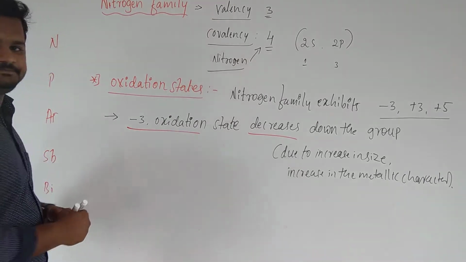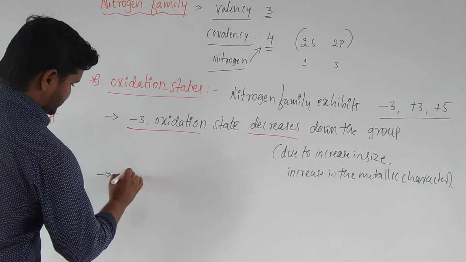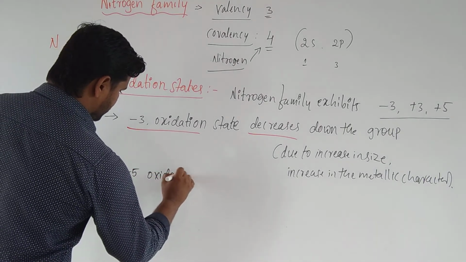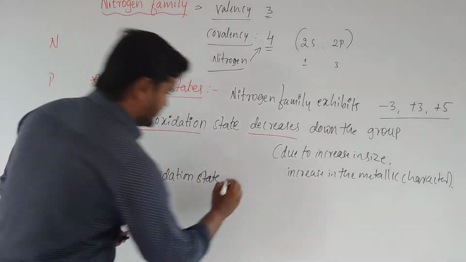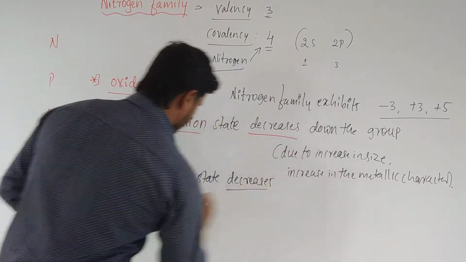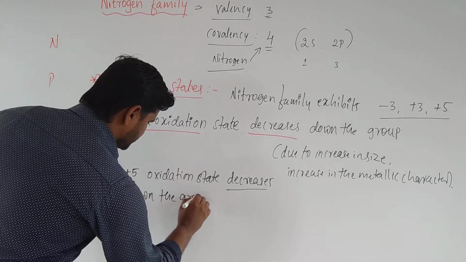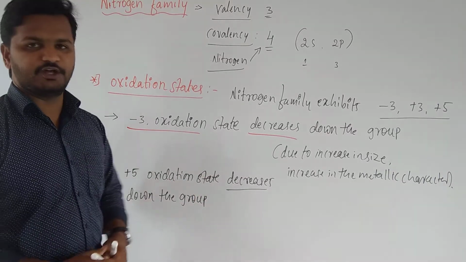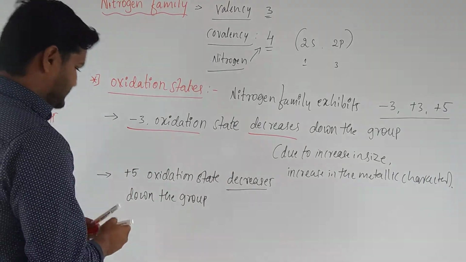And second point is the +5 oxidation state. The +5 oxidation state also decreases down the group. So students, here also the +5 oxidation state decreases down the group due to high ionization energy and increasing size.